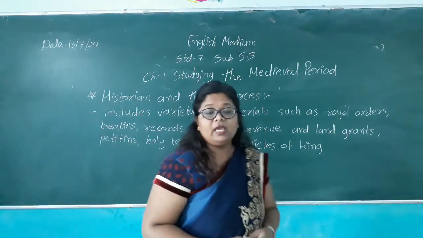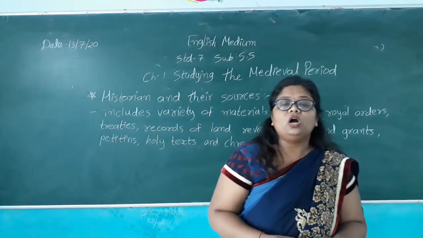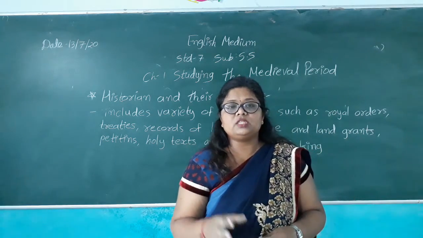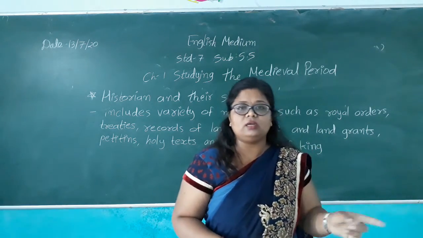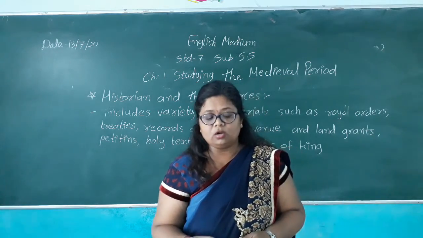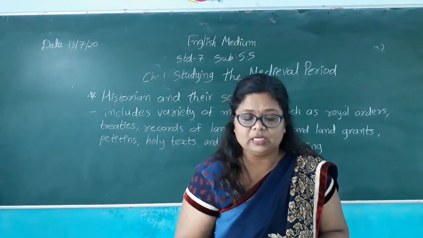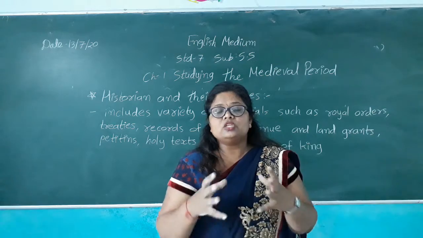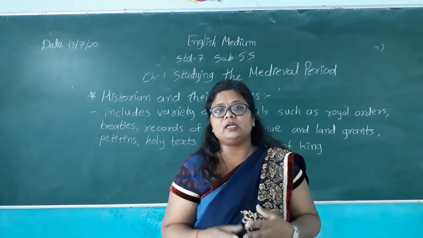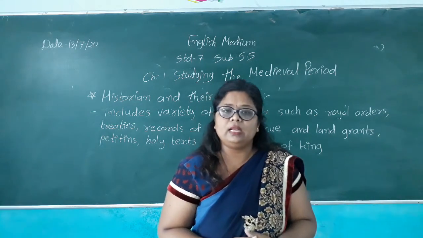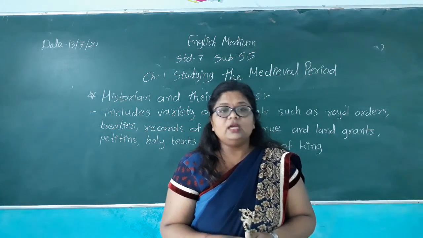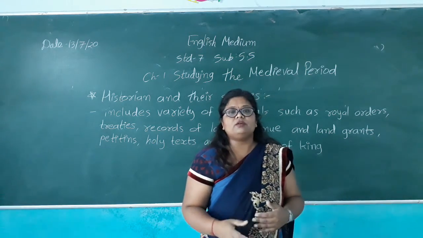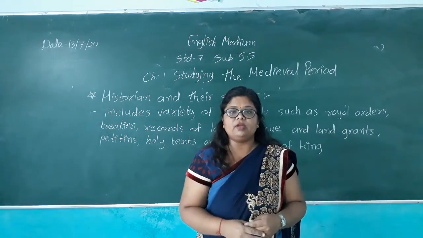For example, we have the Mahabharata, the Ramayana, and the rules made by early medieval period kings of India. Those are stored on paper in archives and libraries. We will see more in our next class.